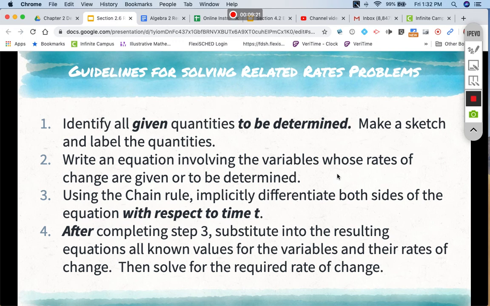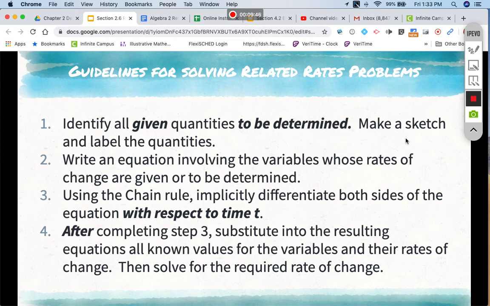So here are your guidelines. We don't always have to do all of this, but many of these are worthwhile doing. When you get a problem, first find out what's given. What are you given? What do you need to find? I like this idea of making a sketch and labeling quantities. Sometimes it's a lot easier if you have a sketch to see what's related to what.